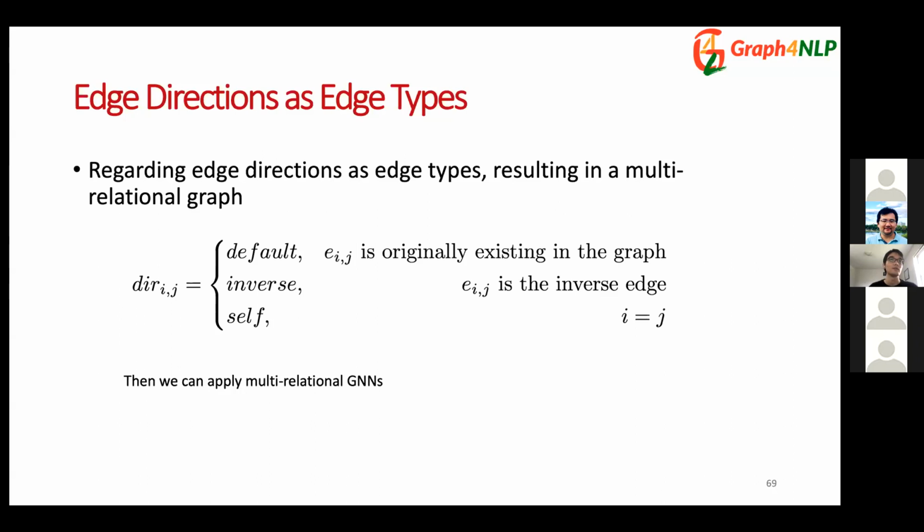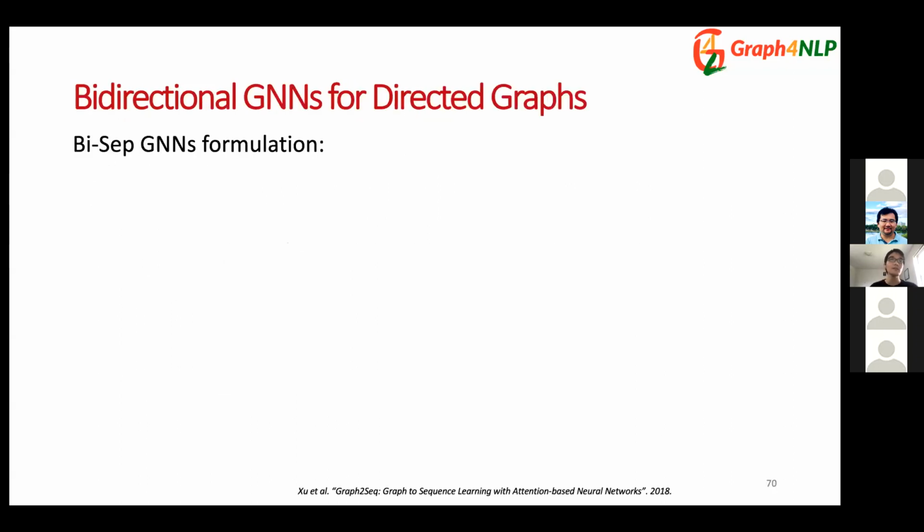One is the default edge, which includes the original edges in the original graph. And we can also have inverse edges and the self edges. The self edges mean the self loops. We can add self loop edges for each node. By doing that, we can apply multi-relational GNNs to encode the edge direction information.